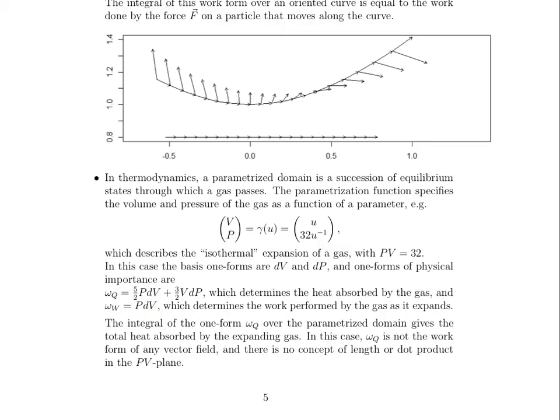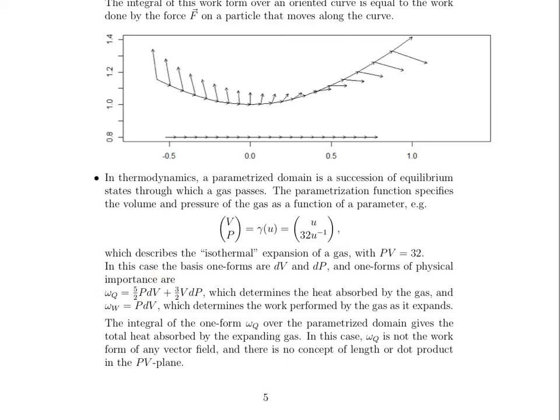Now, if you take the integral of this first one form, the one that determines the heat absorbed by the gas, and you integrate it over the parameterized domain, it actually gives you the total heat absorbed by the expanding gas. And in this case, this is not the work form of any vector field, and there's no concept of length or dot product in the PV plane. So this is a great example where one forms have great physical significance.